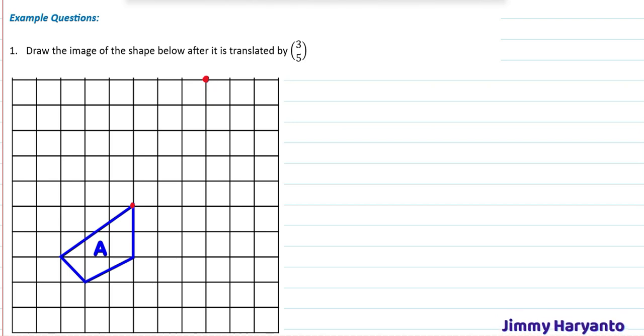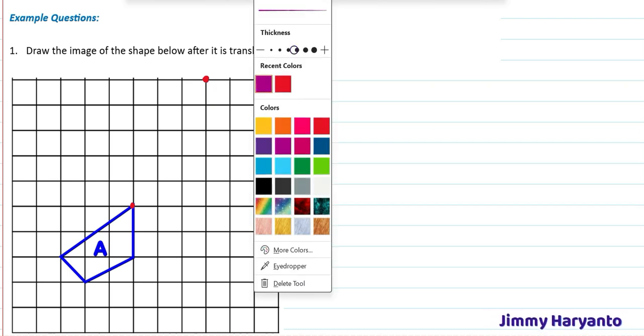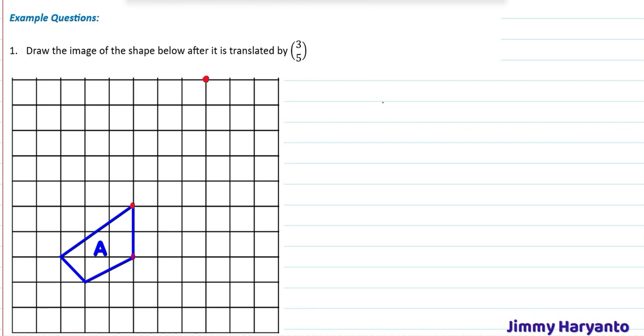And then next, let's say the next one is this point. That means you have to move this point also by 3 and 5. So 1 2 3, and then 1 2 3 4 5. It's pretty easy. And then after that you can choose another point, or if you already know the shape, you can draw the shape directly.